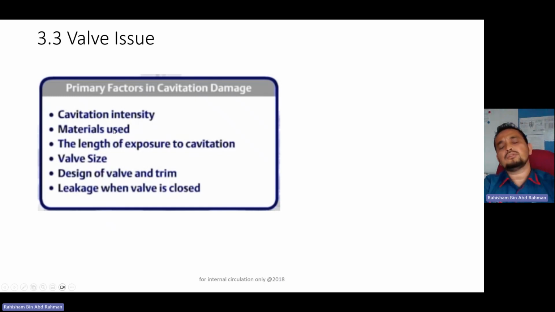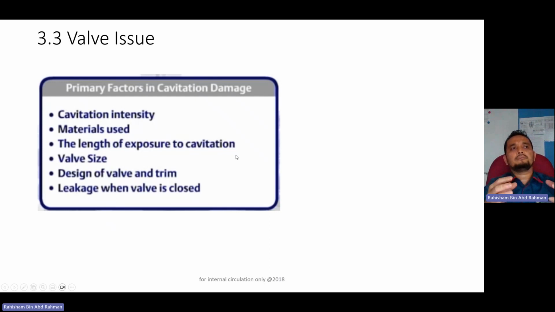And the material used: if we are using stainless steel compared to copper or other materials, they will have different strength and capability, which will also affect the cavitation damage. The length of exposure.